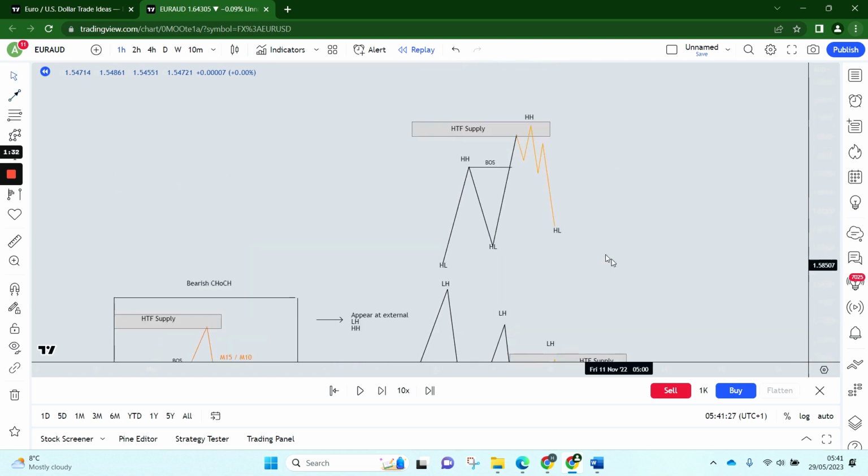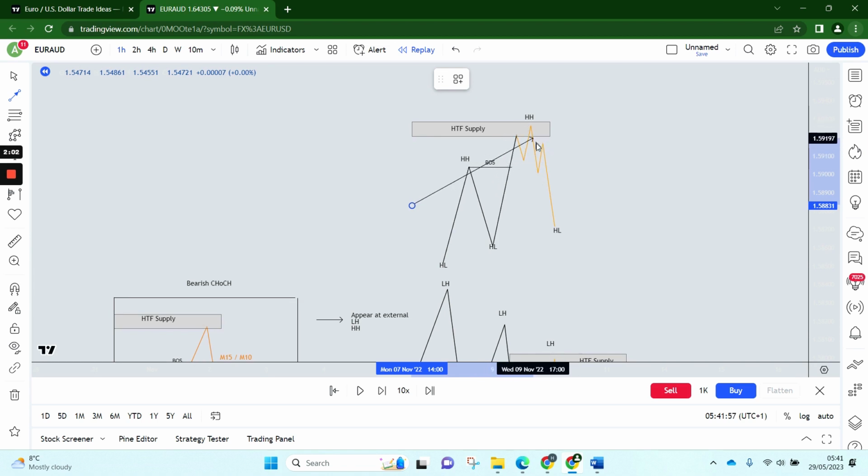Or for example, in an uptrend, we wait for price to reach a higher time frame supply. Let's say again, this is our external structure, which is our 1-hour or our 4-hour, and then we wait for it to reach a higher time frame supply, for example a 1 hour supply zone, and then we switch to the 15-minute or the 10-minute, and then we wait for it to switch bearish through a bearish change of character, which occurs as soon as price breaks below a higher low that created a higher high.